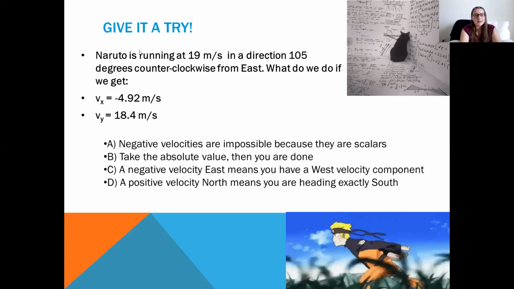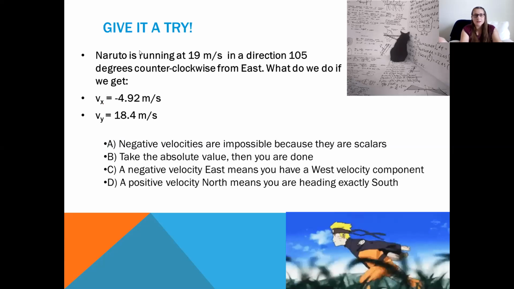All right, I'm seeing some answers starting to come into the chat. That's great. So, first of all, is it okay to have a negative velocity? What do you think? Yes or no? Yes, yes, yeah, yes. Great.